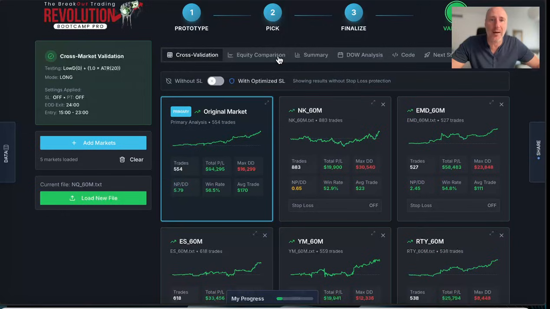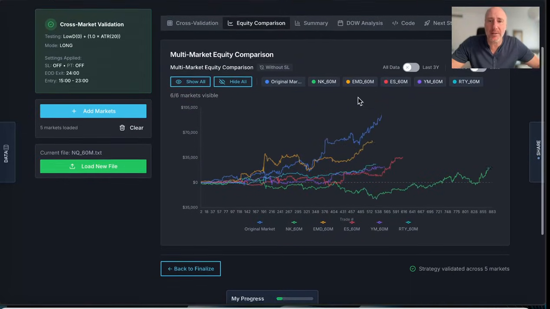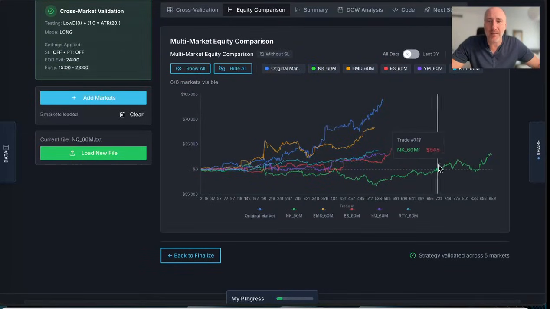So I can now go to equity comparison, and guys, except for the Nikkei, which is a completely different country, yet still positive, all the other equities are pretty much quite all right. At this stage, do not look for perfection. Be reasonable. Think like a trader.